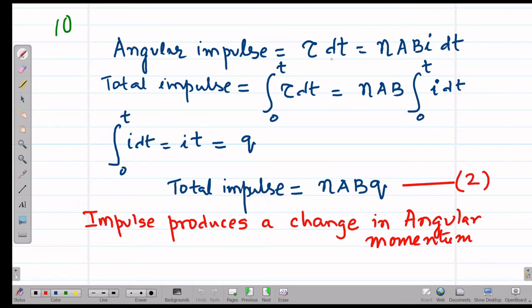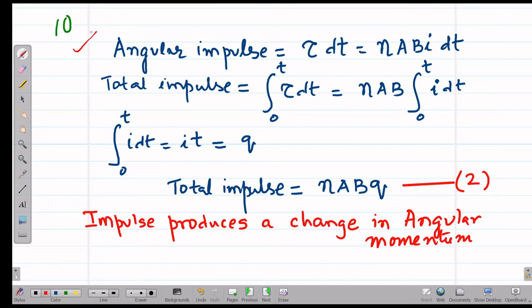That angular impulse is like this, tau into delta t. But what is tau? Tau is NABI, that is tau, into delta t, or I have written dt for a small interval of time. I will not go beyond this step till at least 3 or 4 of you tell me that you have understood. We have not done anything new here.